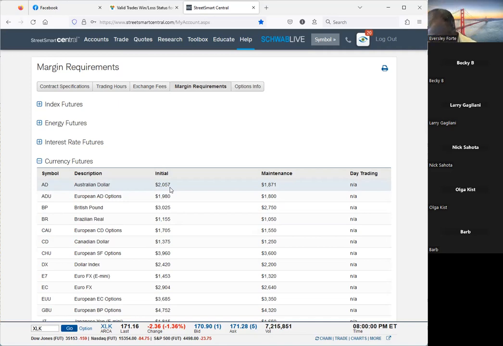The maintenance margin here is, I think, 25% of the actual full value of the contract. So I have to put that much money up just to open one contract. So that's the margin.